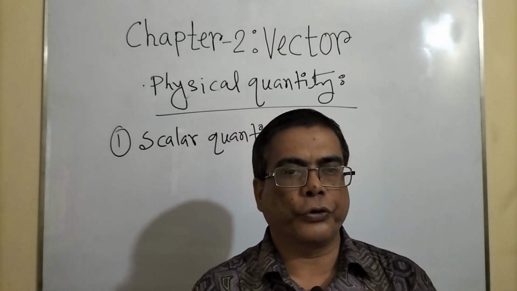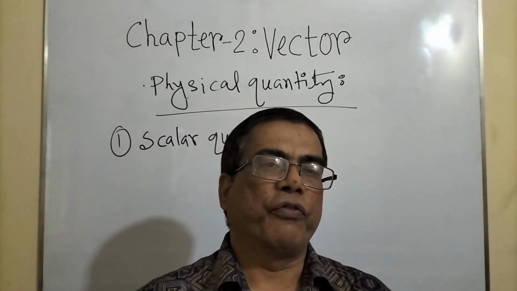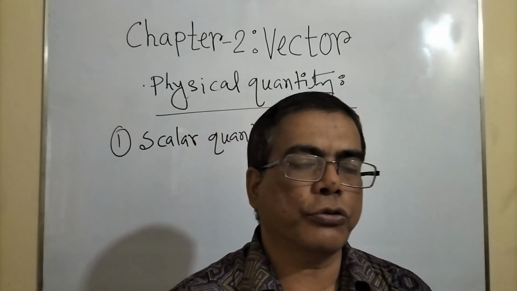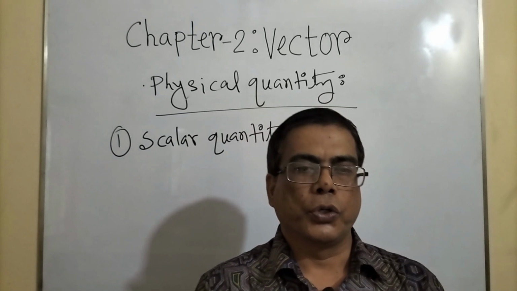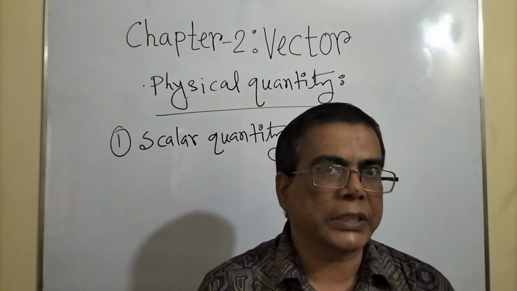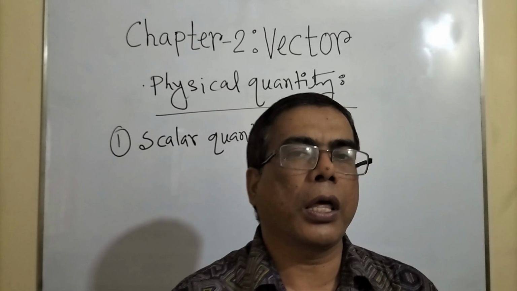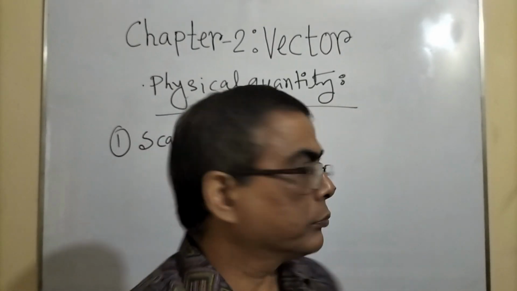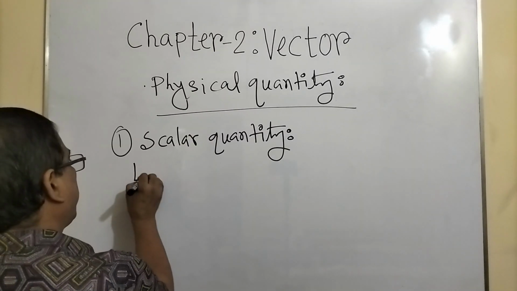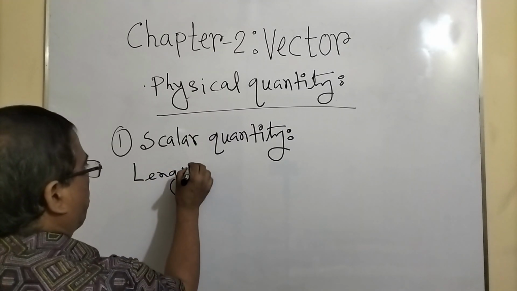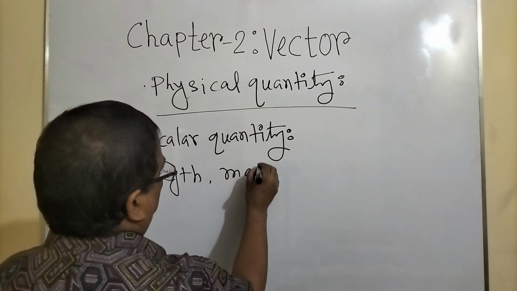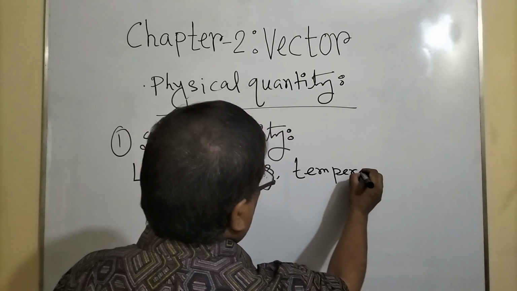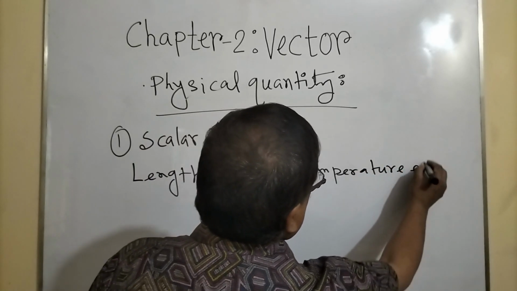So, the definition is now: the physical quantities that require only magnitude, no direction, to be represented mathematically are called scalar quantities. For example, length, mass, temperature, etc.